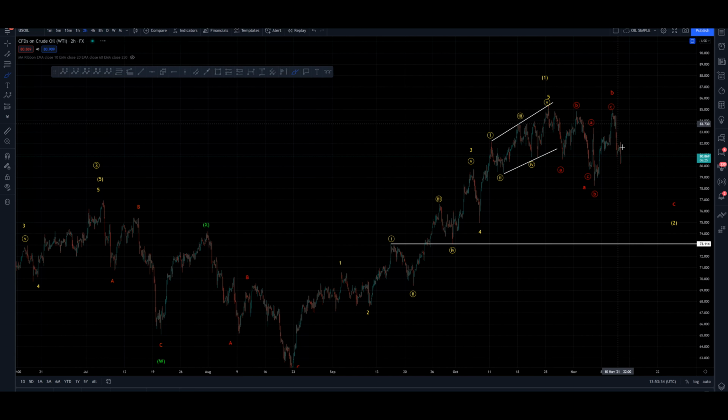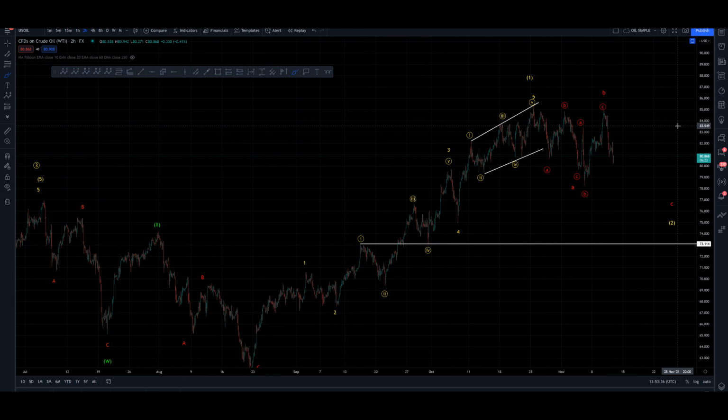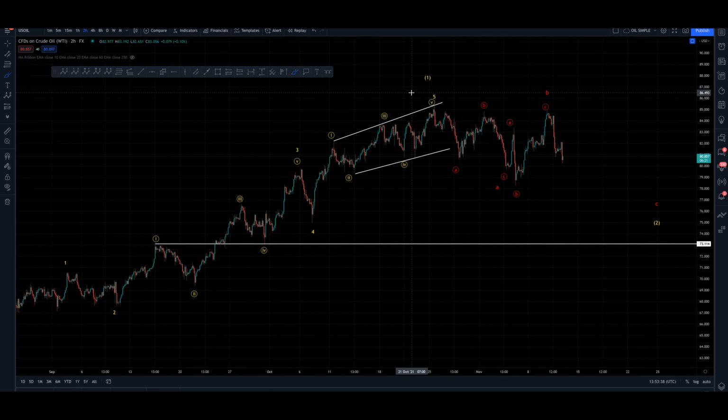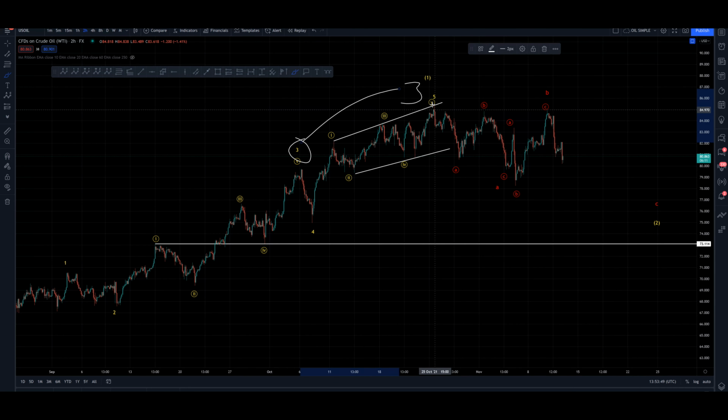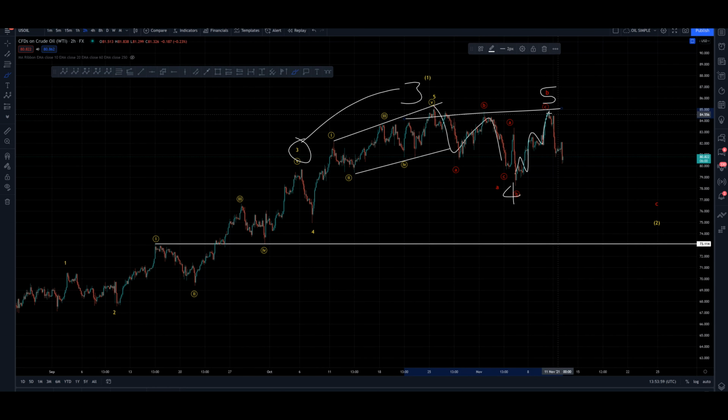If we were to break down violently from here, then there's the possibility that what we're actually looking at is, instead of this being a completed 1, a completed 5, this 3 over here is actually here, and we've gone A, B, C into 4, and then we've gone 1, 2, 3, 4 into a truncated 5th, which is ever so slightly below this 5, and now this is an impulse wave down into a 1, 3 back into a 2.